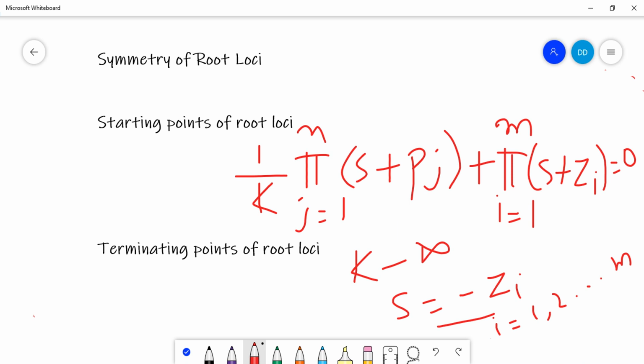So how many root loci are there in the plot? The next property is the number of root loci.